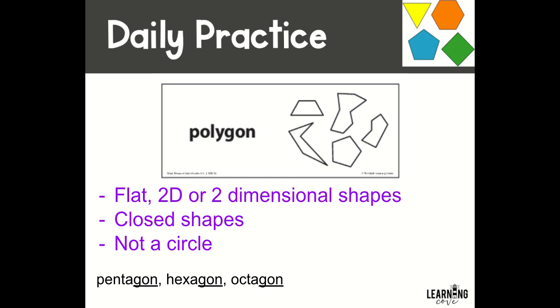I wonder if there's a relationship. A pentagon is a 5-sided shape, a hexagon is a 6-sided shape, and an octagon is an 8-sided shape. I wonder if that will help me to think of the definition for a polygon.